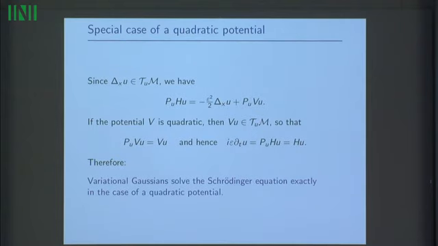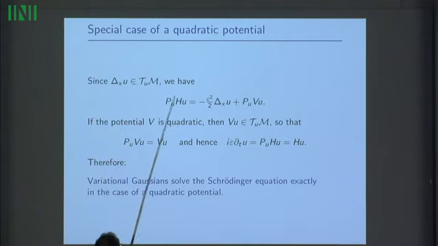Now, let's come to a very special case, namely the case where the potential here is quadratic. Now, if you compute the Laplacian of a Gaussian wave packet, you get a quadratic function multiplying the Gaussian wave packet, and so this is in the tangent space.